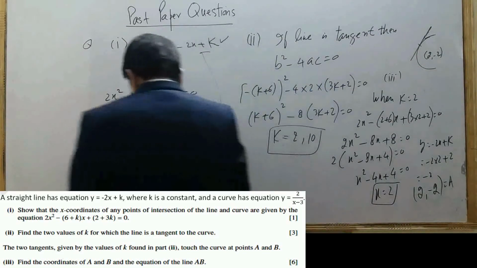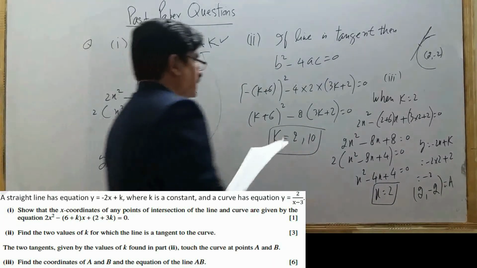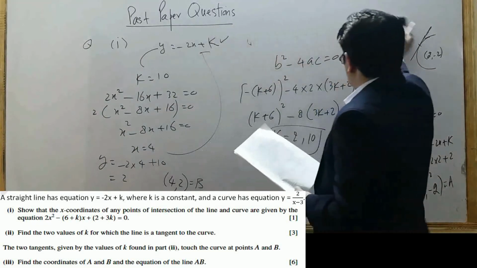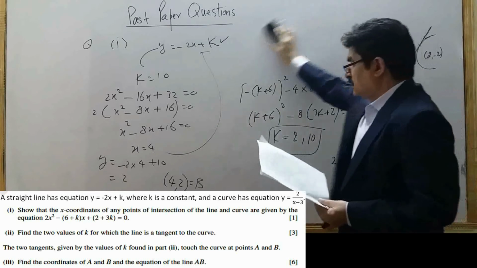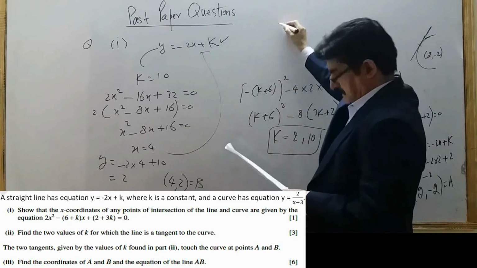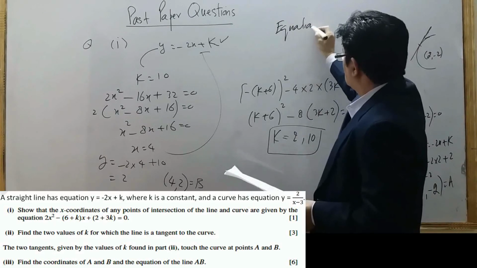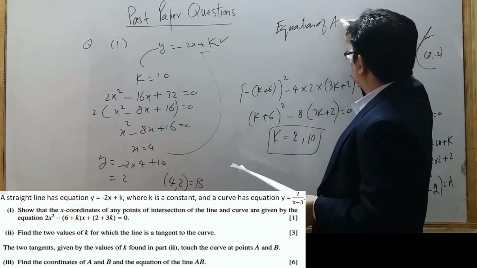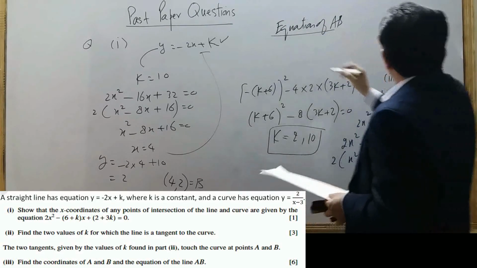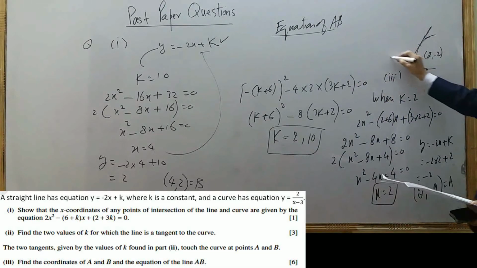The last part is the equation of the line AB. So I am leaving this part for you to find the equation of AB line.